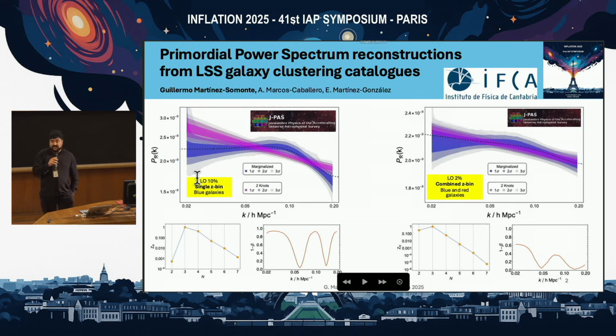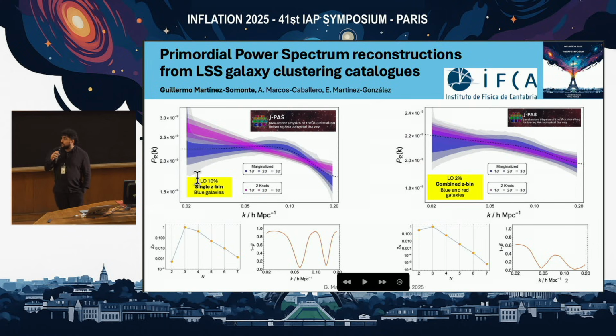In our first application, we did a forecast for J-PAS. In the right plot, we tried an oscillatory feature of 10% amplitude, and we played with different observational specifications of J-PAS in order to see which gives the most accurate reconstruction.